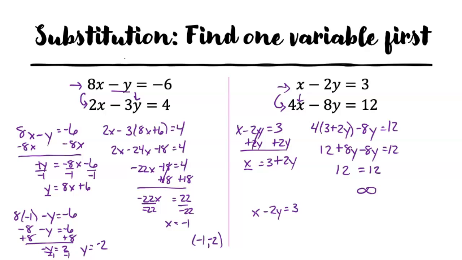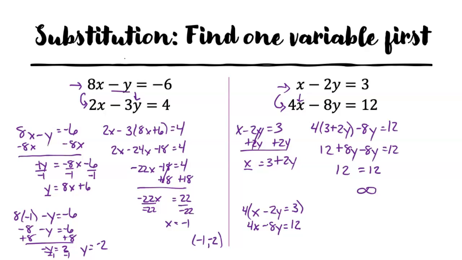If I wanted this x to be a 4x like the other equation, I'd multiply it by 4. But when we have equations, what we do to one side in multiplication and division, we have to do to all. So 4 times x, that'd be 4x. 4 times negative 2y, that'd be negative 8y, equals 4 times 3, 12. 4x minus 8y equals 12.